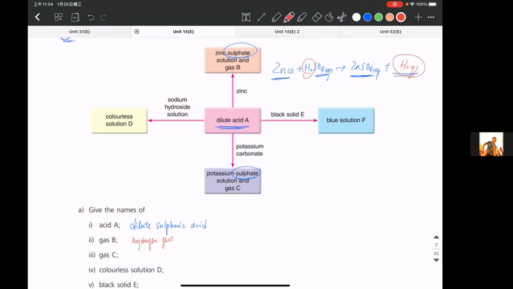Okay, how about C? Now use the same tricks. So you know what's the short form?